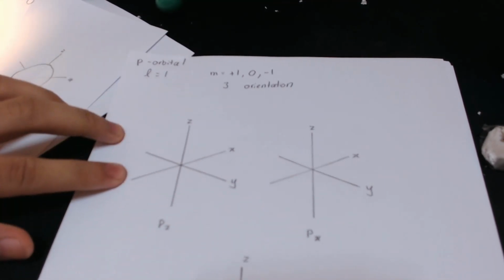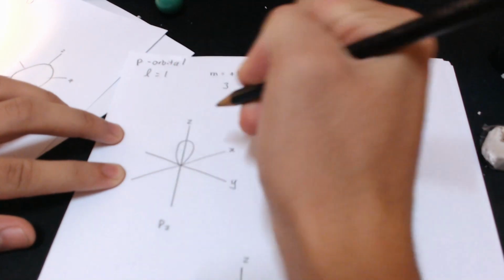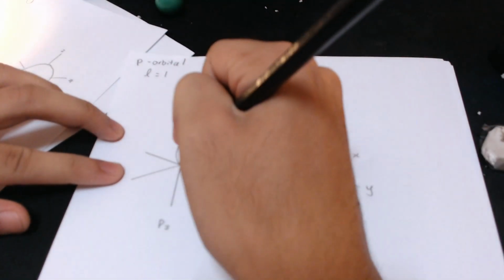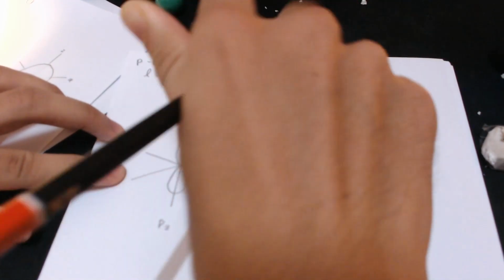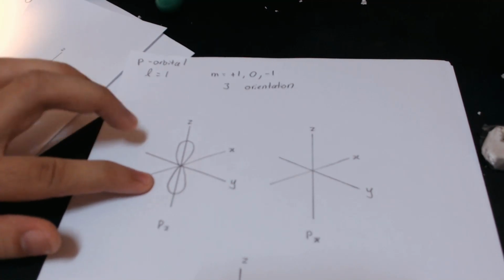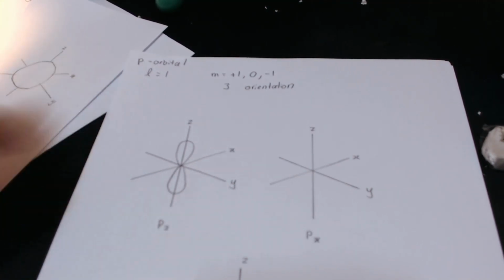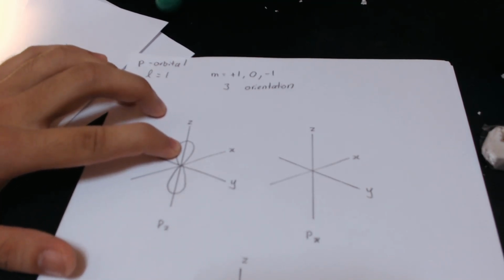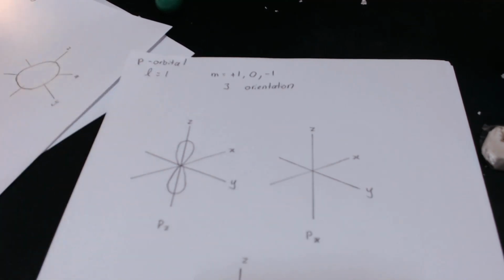P orbital ni senang sebab dia betul-betul atas axis. Lukis macam bentuk air mata. Kecil dekat bawah, besar dekat hujung. Hari tu saya lukis tak cantik sangat kan? Ini saya lukis cantik sikit. Boleh tak? Then, padamkan yang dekat lain dalam orbital awak ni.